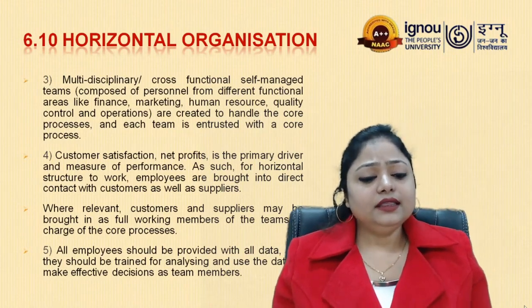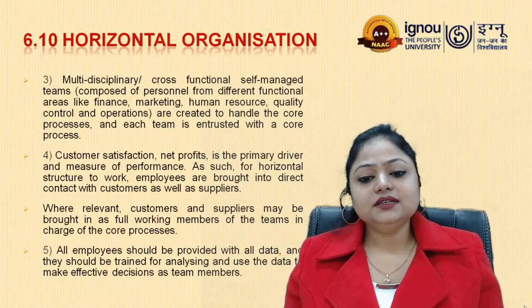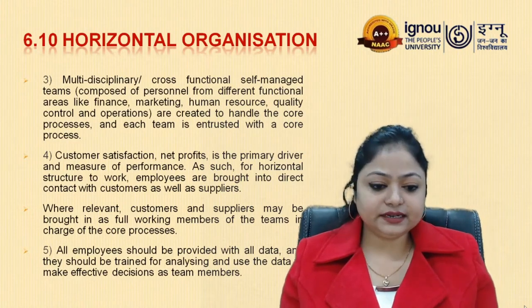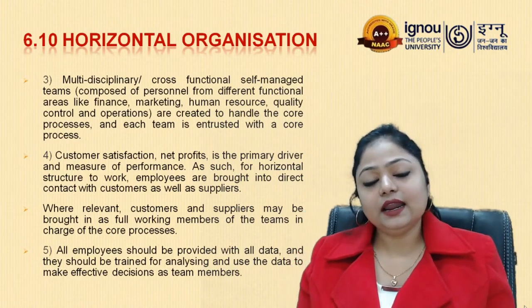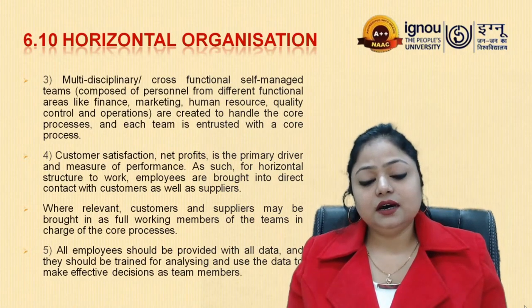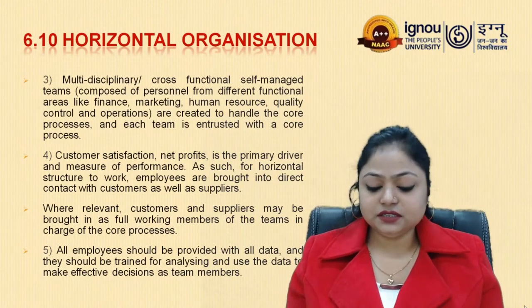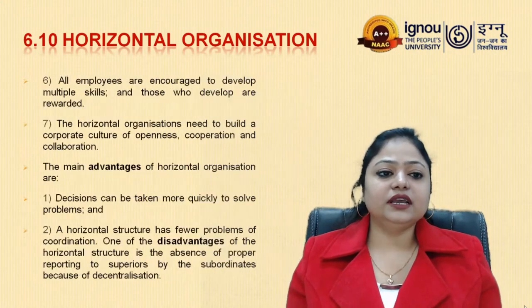Relevant customers and suppliers may be brought in as full working members of the team in charge of the core processes. All employees should be provided with all the data, and they should be trained in the collection and analysis of data to make effective decisions as team members of the organization.